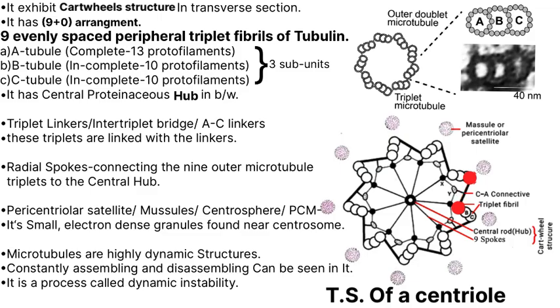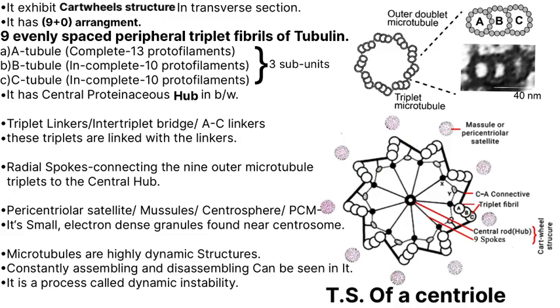The protein connections that link them together are called the AC linkers or the AC bridge, which connect these neighboring triplets together and give a more stabilized structure. If you count in the clockwise direction, you can say AC linkers, and if you count anti-clockwise, you can say CA linkers. That depends on how you count it.